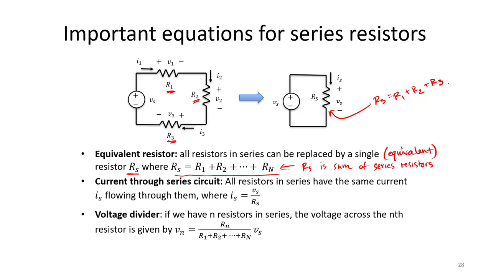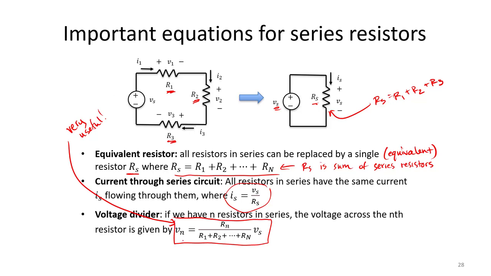We also know that the current through a series circuit must be the same throughout, because there is only one path for the current to flow. Therefore, for a series circuit, the current is always going to be given here by our voltage source divided by the resistance of all the resistors in series. This last equation is very useful, and we actually use this a lot in this class.